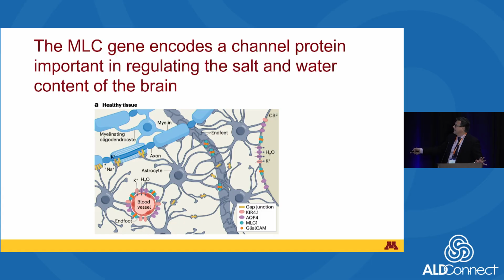There are lots of channel proteins in these astrocyte feet. MLC1 is in green, but there's a whole bunch of other ones, probably hundreds. Astrocytes interact with myelin and keep your myelin intact. Healthy myelin integrity goes along with healthy astrocytes.